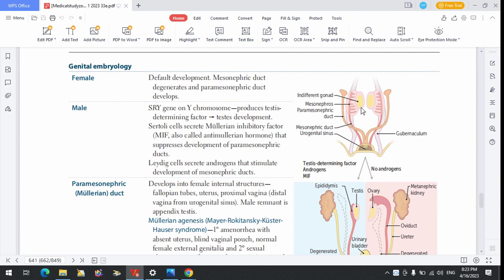Once the ovary develops, the mesonephric duct will degenerate immediately, and the paramesonephric duct will persist because there are no Sertoli cells to release MIF to inhibit the paramesonephric duct. So the paramesonephric duct will develop. The ovaries will now influence development of the external genitalia, which is due to estrogen from the ovaries.